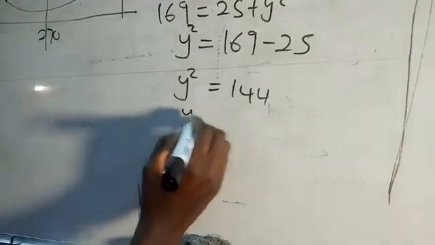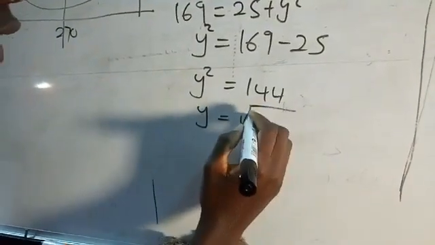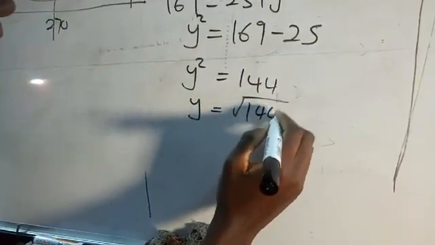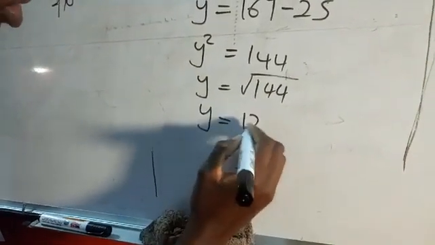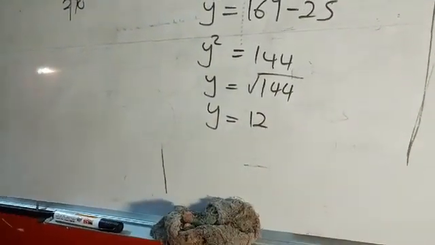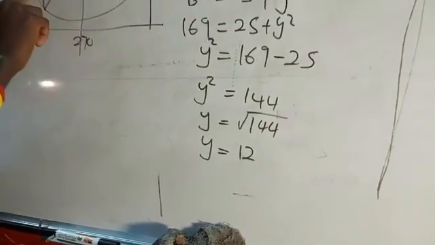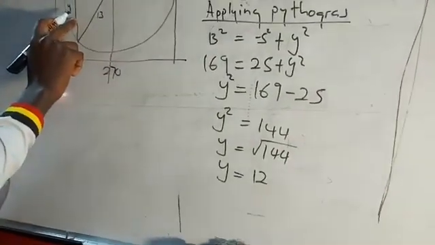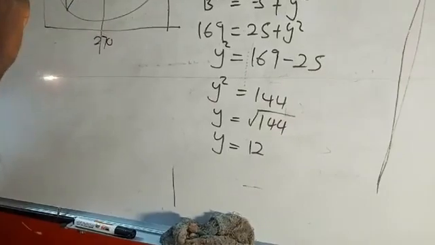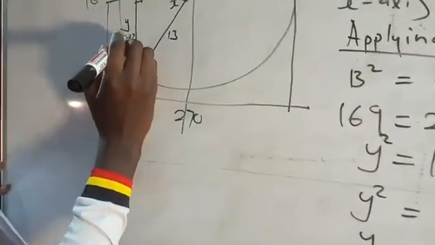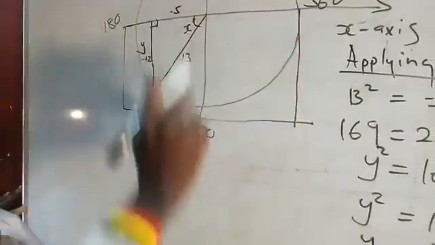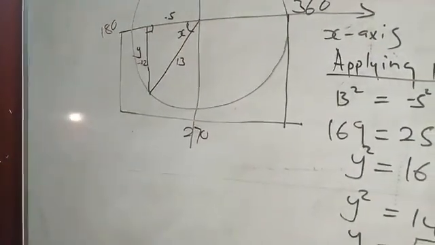Getting y alone, the square root of 144, y equal to 12. So y is on the negative side of the y-axis, so it's going to be -12 because it is on the negative side of the y-axis.